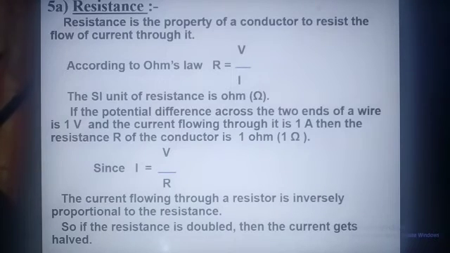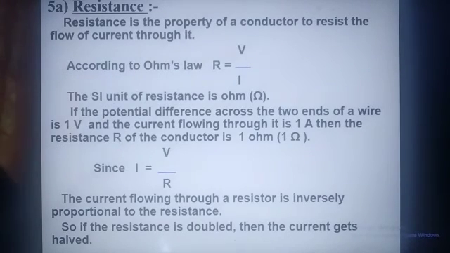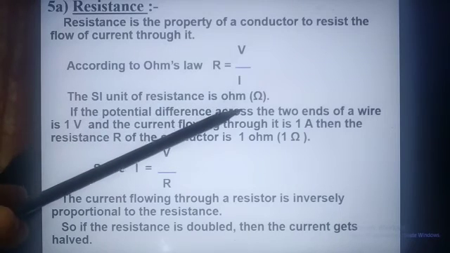Resistance is the property of a conductor to resist the flow of current through it. According to Ohm's law, resistance R is equal to V by I, where V is the potential difference and I is the current. The SI unit of resistance is ohm, represented by this symbol.